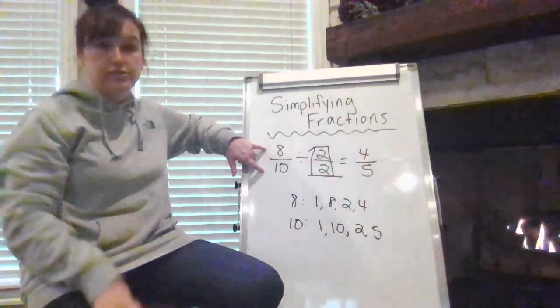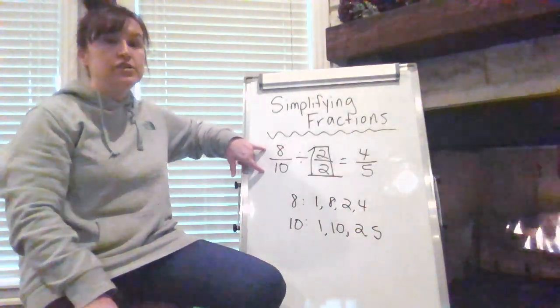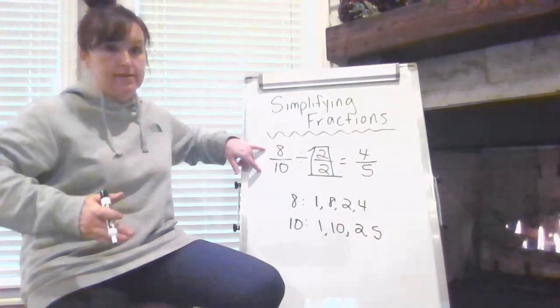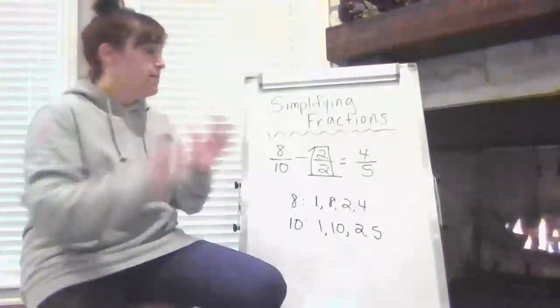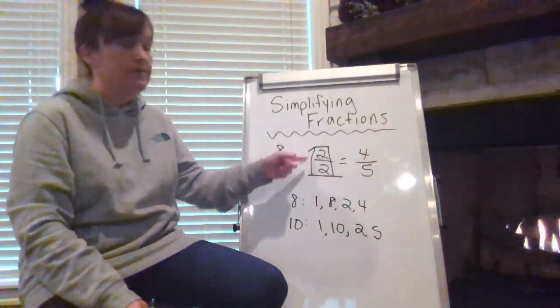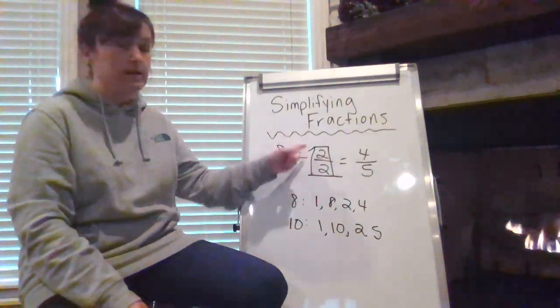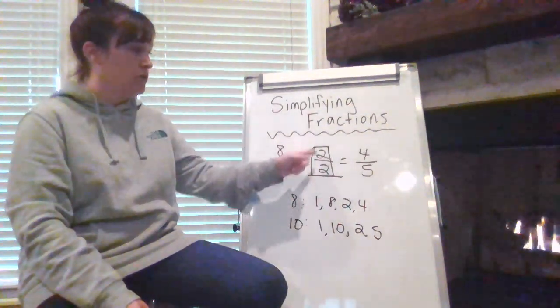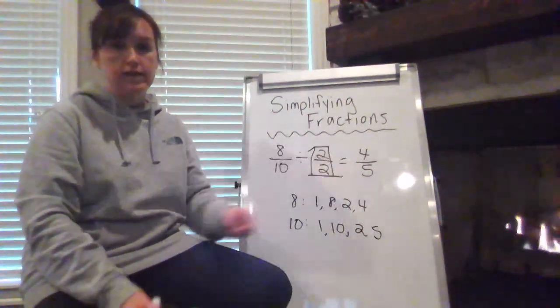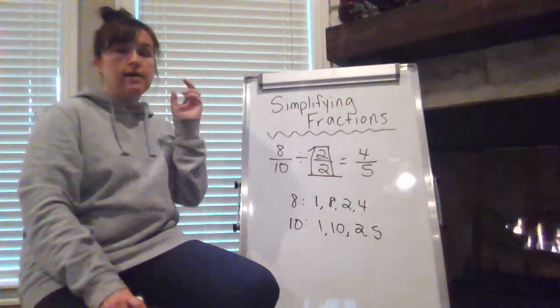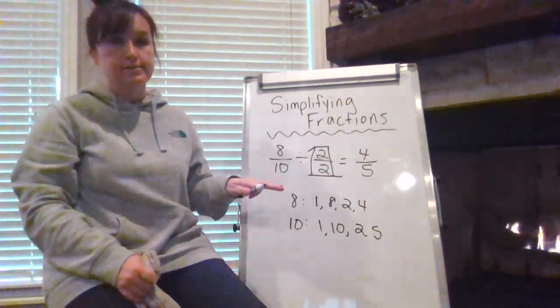So if this was our answer, we can undo that extra cutting, squish it back together, make the pieces bigger by finding a factor that they have in common and dividing by that number, 2/2. So 8/10 equals 4/5.